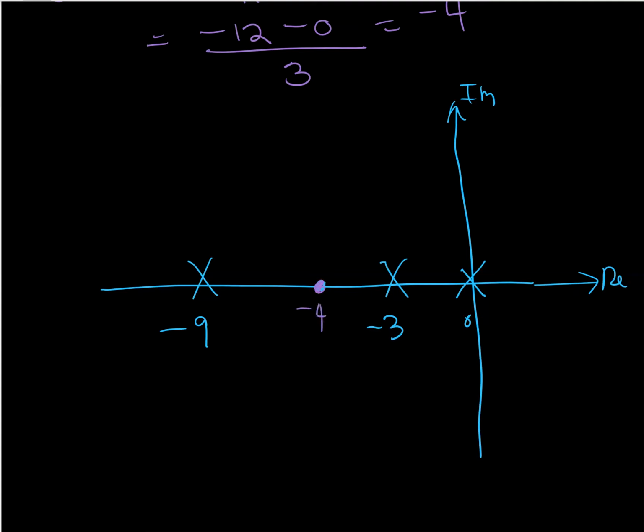And we know that our asymptotes are at plus 60 degrees, minus 60 degrees, and minus 180. Those are the asymptotes, and they're just guidelines that the root locus is going to follow.